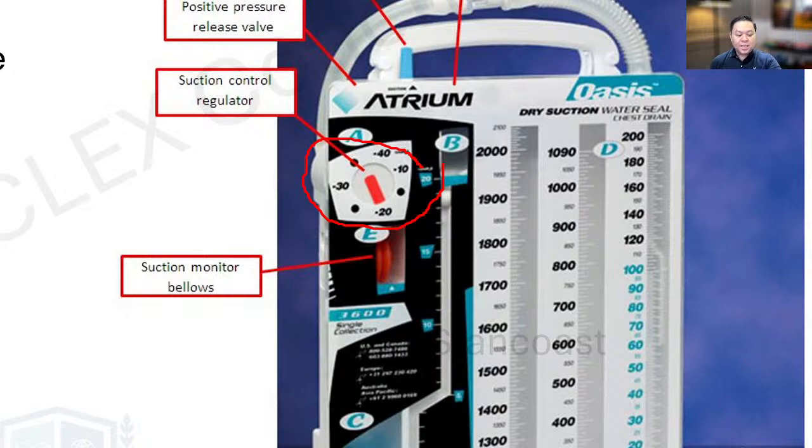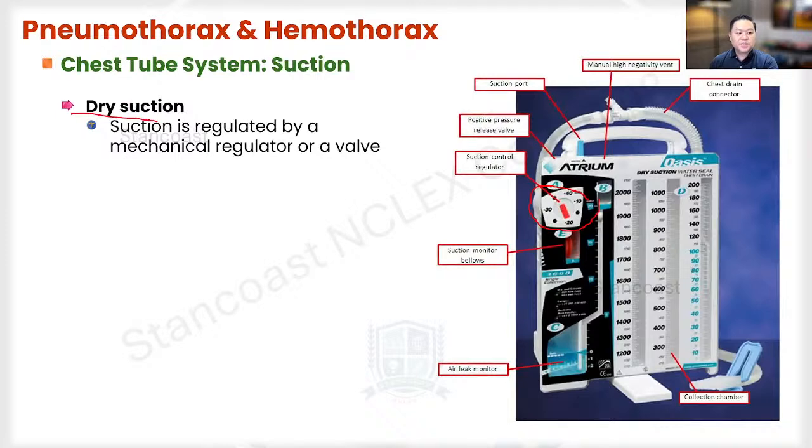Okay, let me exit here. So that's the role of the mechanical regulator, to maintain that appropriate suction and make sure that we are looking into the correct container, guys. Okay, make sure that you're familiar if this is a water or a wet type of container, or if this is a dry, because they totally look different.